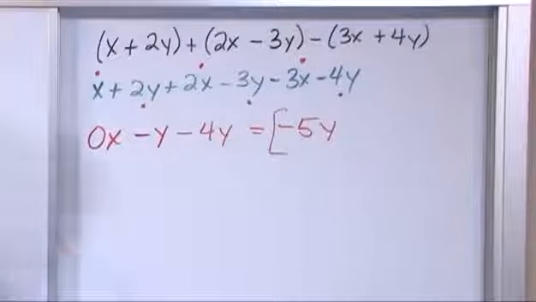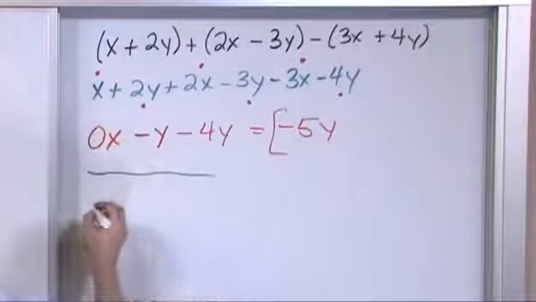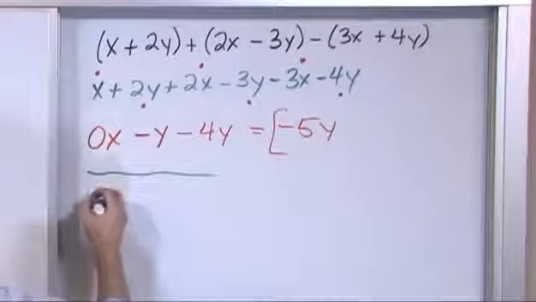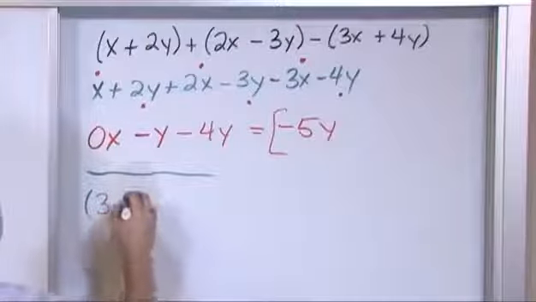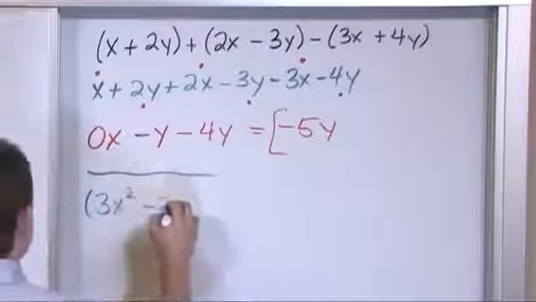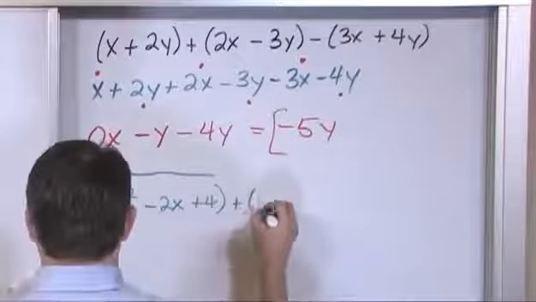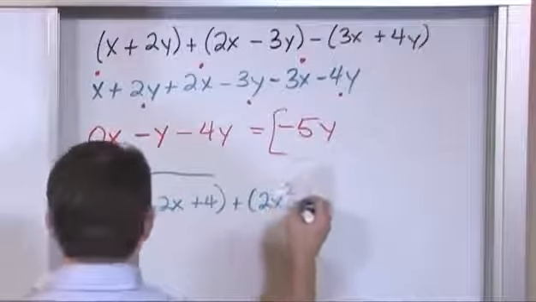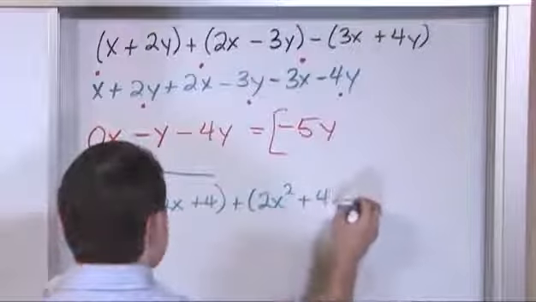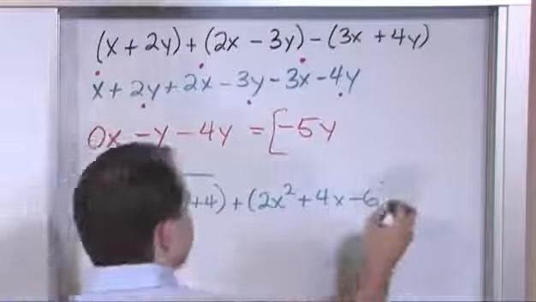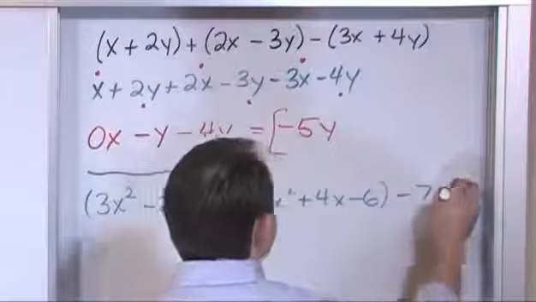All right, the last problem of this section is going to be sort of a monster, just to give you a challenge. 3x squared minus 2x plus 4 plus 2x squared plus 4x minus 6 minus 7x squared.